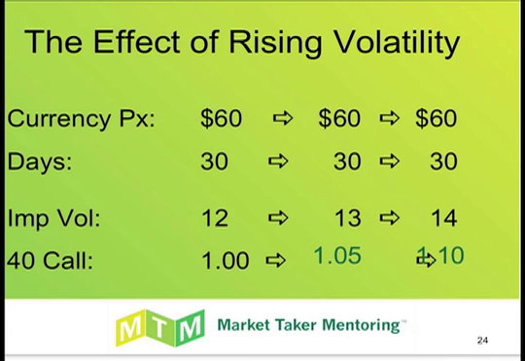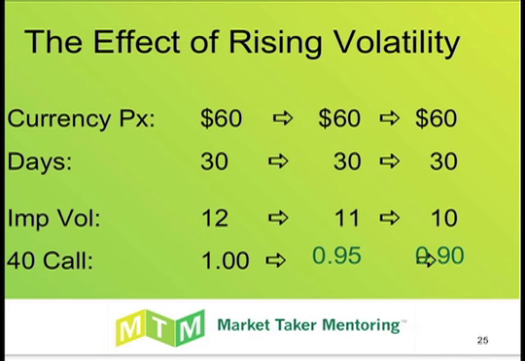Now, I've already told you that as implied volatility rises, option prices rise. And that's what we're seeing here. And likewise, if implied volatility were to fall from 12 to 11, we'd see the value of the 60 call fall from $1 to $0.95. And as implied volatility falls another point from 11 to 10, we'd see it fall from $0.95 to $0.90.